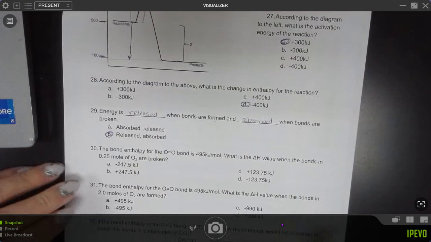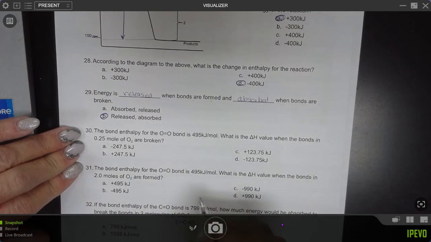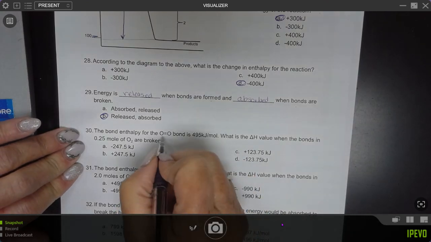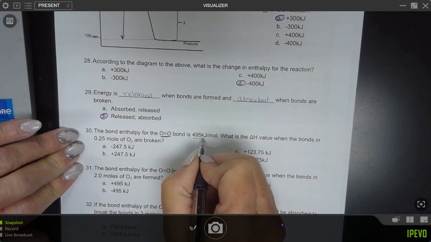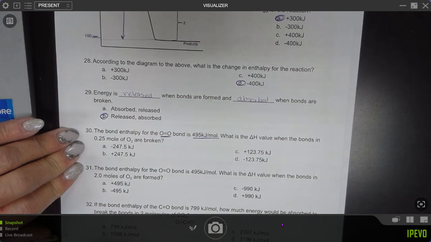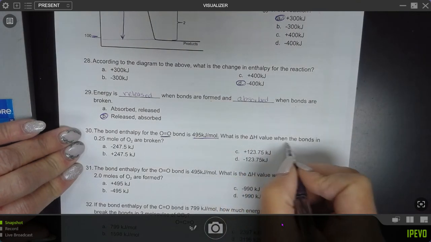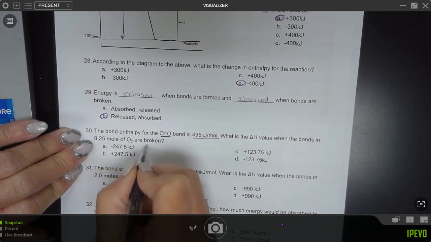Now these next three questions really tripped people up. Instead of having you look at the table with all of the bonds in it, we're saying an oxygen double bond takes 495 kilojoules per mole to break or to make. So the question is, what is the delta H value when the bonds in 0.25 moles of O2 are broken?